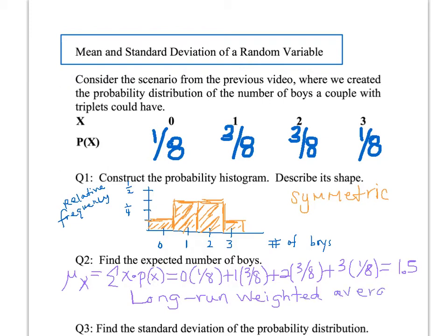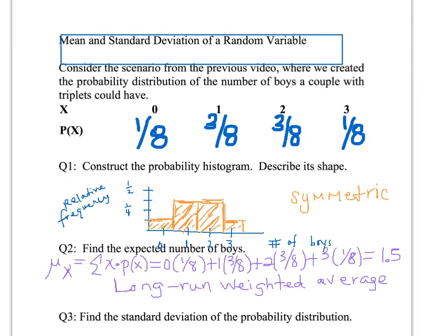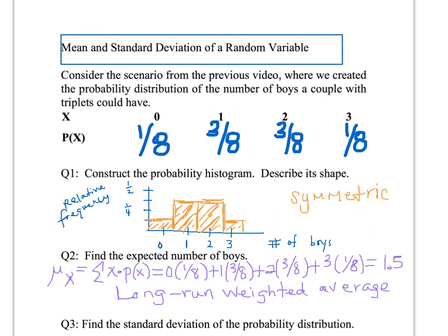Now, how far can I expect this value to differ? Well, that's what the standard deviation will tell us. So let's take a look at that next. Okay, to find the standard deviation, as we did before, we begin with the variance.